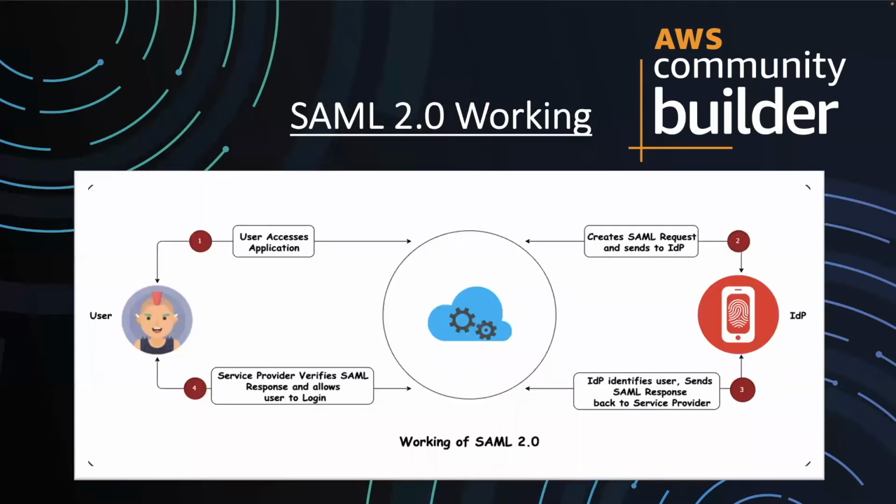Let's understand how exactly things happen in the backend for SAML 2.0. First, the user accesses the portal via an application start URL provided by the organization. Now the application redirects the user to the identity provider for authentication, which we call the authentication request. The identity provider constructs the authentication response in the form of an XML document, which consists of the email address and the password of the user.